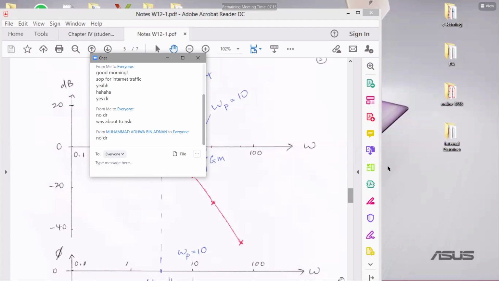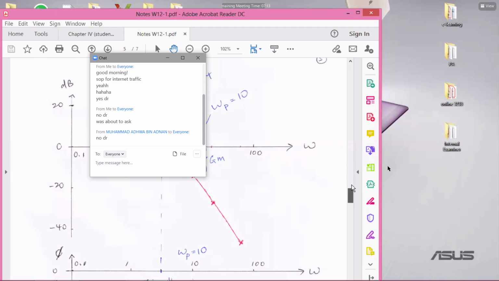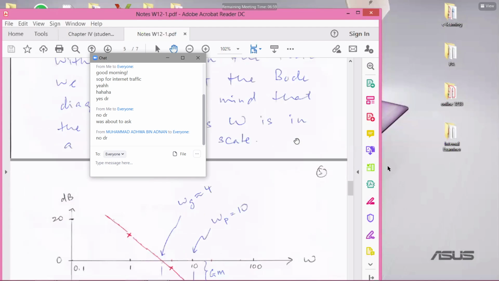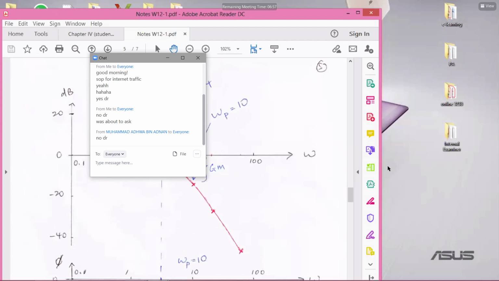Okay, so now we are ready to transfer our points. The first point is 13.8 decibel at frequency of 1. So that is frequency equal to 1, and that is your 13.8.